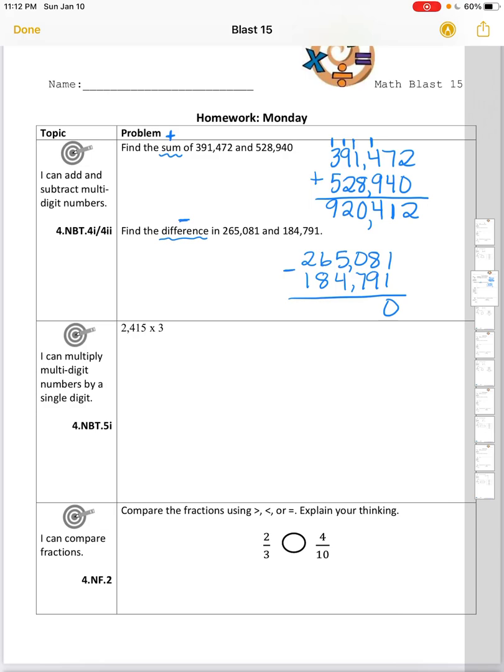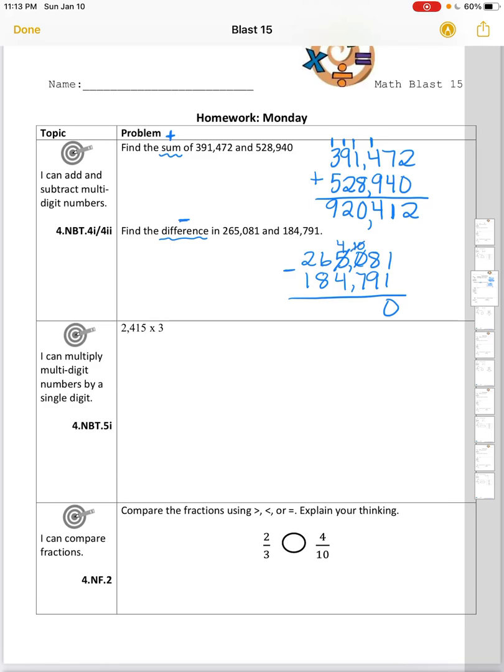So I'm going to go over here and there's no hundreds. So I'm going to go over to the thousands and I'm going to do some renaming. I will take one of these thousands and turn it into 10 hundreds. And that leaves me 4 in the thousands place. Now I have some hundreds that I can rename into tens.